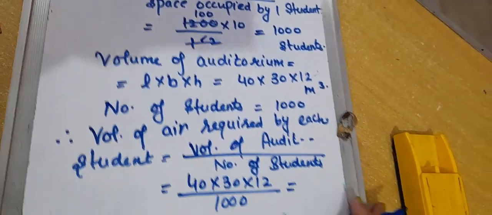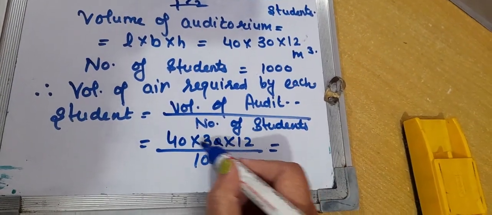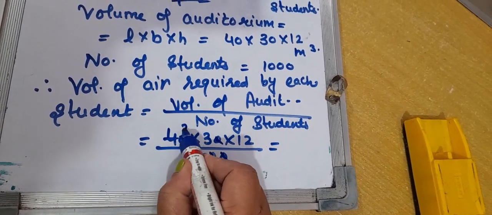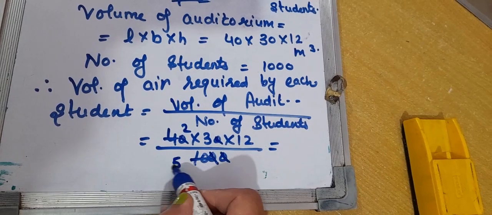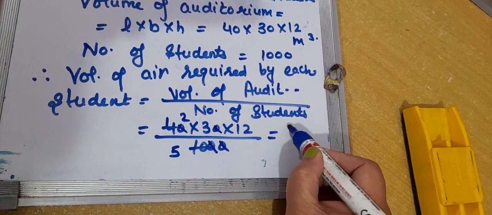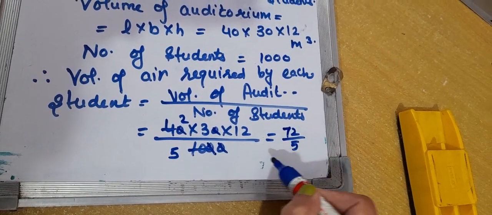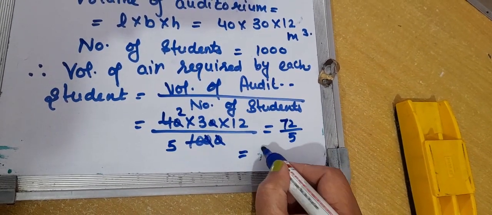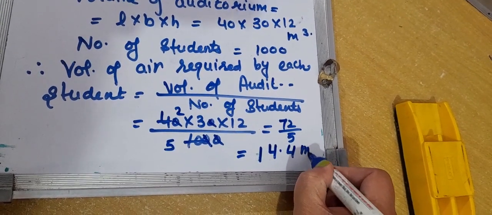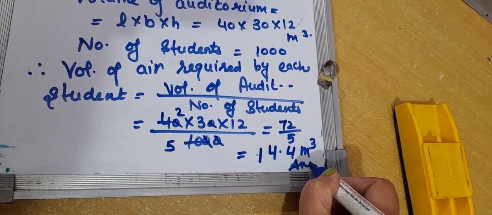You need not calculate this, you can cancel it. So cut here. 2 2s the 4, 2 5s the 10. So 2 3s the 6, 12s the 72 upon 5. Convert it into decimal, 14.4 meter cube. This is your second answer.